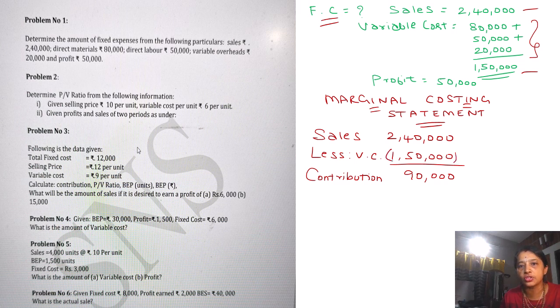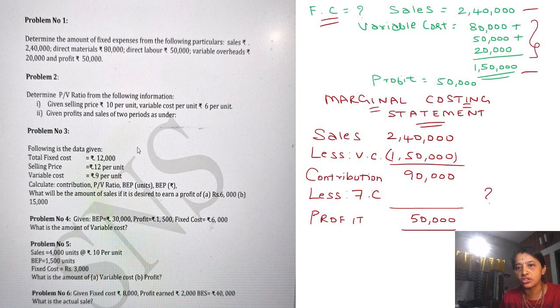90,000 is the contribution. From contribution, you have to subtract fixed cost. You have to find out how much is the fixed cost. When you subtract, they have only given that there is no loss, there is a profit. How much is the profit? Profit is 50,000, given in the question.